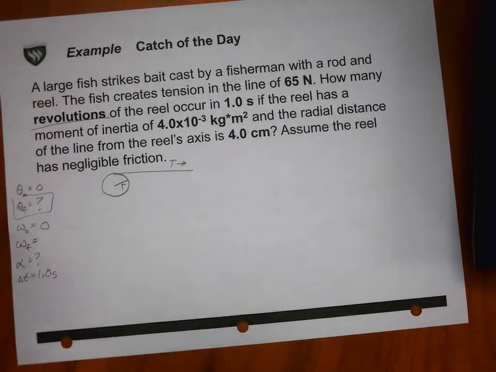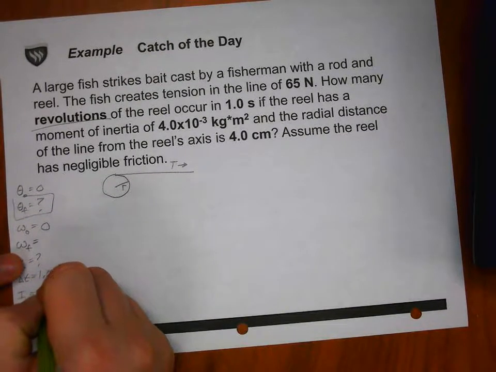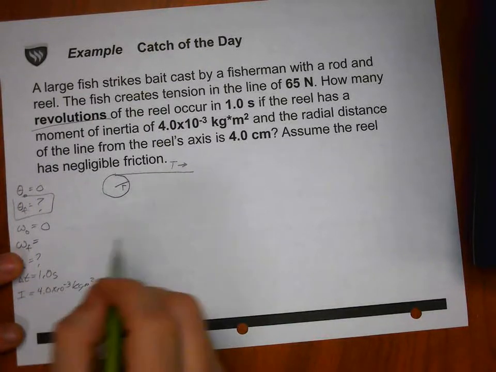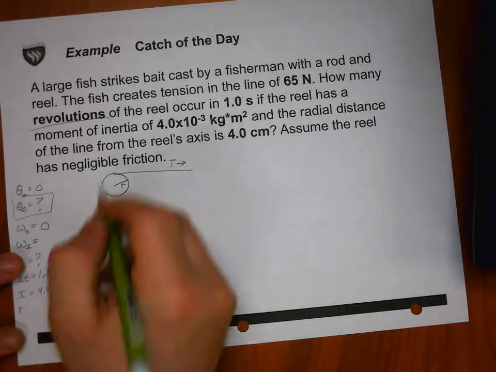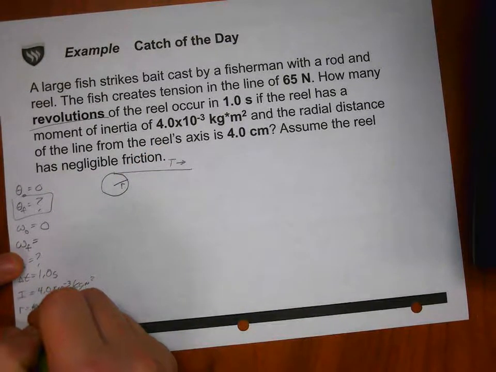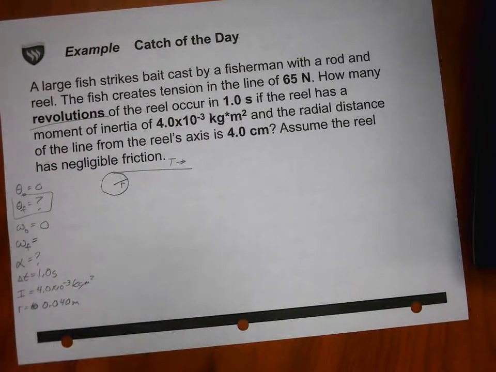That's what we're given. And we're also given that the moment of inertia equals 4.0 times 10 to the negative third kilogram meters squared, and that the radius r is equal to 0.040 meters.